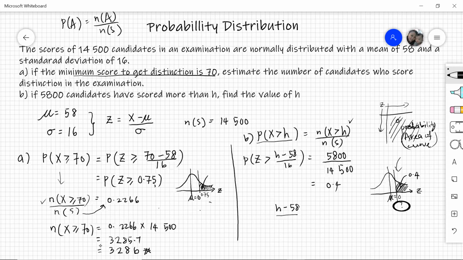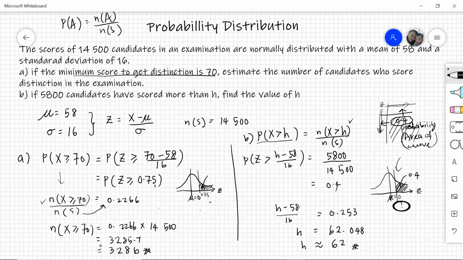We should look for 0.4 from the inside and then search for the answer along the horizontal and vertical margin. From there, our Z-score is 0.253. So rearrange, we will get 62.048. Let's round it off. So we will have H approximately to be 62.